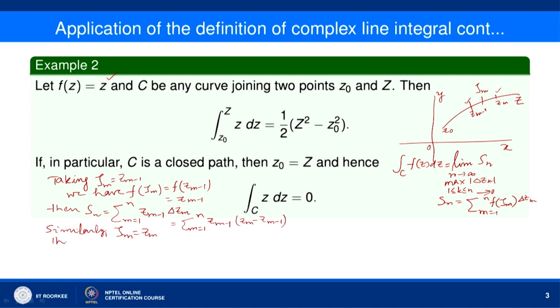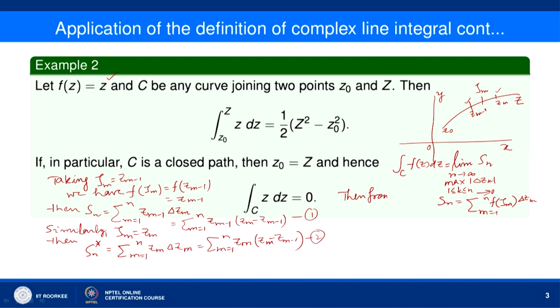So then the sum over m equal to 1 to n of f(zeta m) delta Z m, let us call it S n star, equals the sum of f(Z m) delta Z m. So we will have Z m here and then delta Z m. So this will be the summation over m equal to 1 to n of Z m into (Z m minus Z m minus 1). Let us call this equation 2.